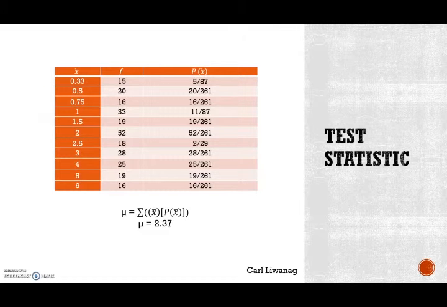Before anything else, we would like to show you how we got the mean of our sample. The first two columns represent the data gathered by our survey. Next is the third column, which represents the probability of playing Mobile Legends of our sample in the specific number of hours. Then next is the mean, which is equal to the summation of the x bar times the probability of x bar, which is our sample mean is equal to 2.37.